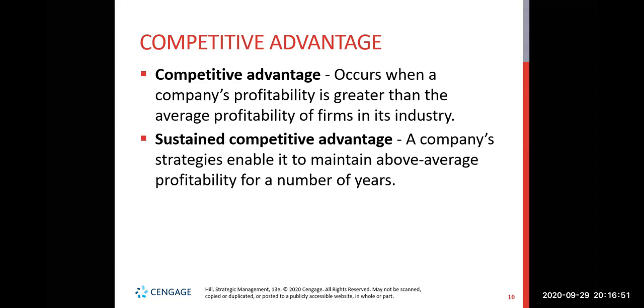A company has a sustained comparative advantage when its strategies enable it to maintain above average profitability for a number of years. So that is the difference between comparative advantage and sustainable comparative advantage: that edge of the company remains for a number of years.